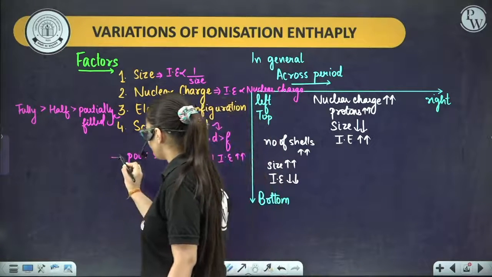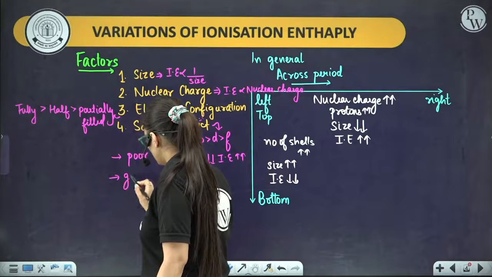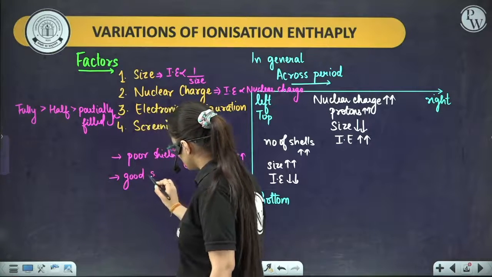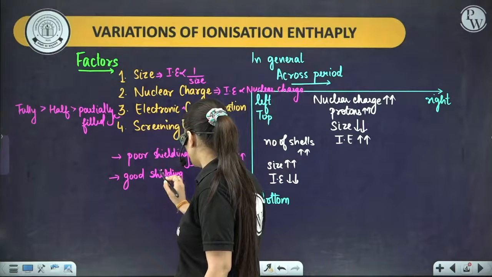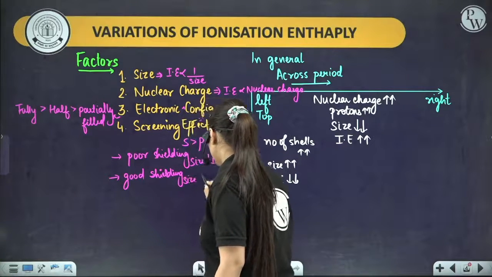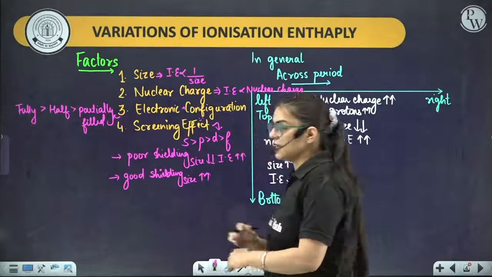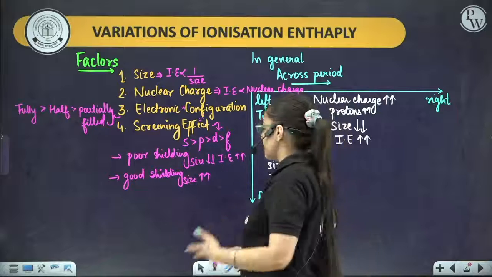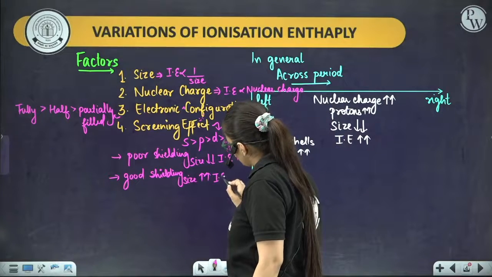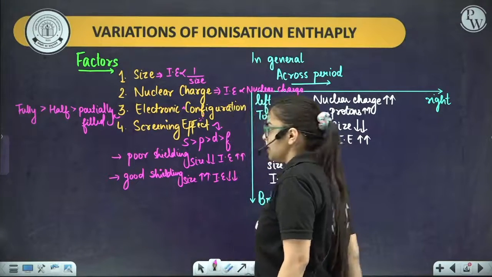Next, if it is good shielding, then size will increase, because repulsion will occur, it will repel the outermost electron, it will go apart, size will increase, and ionization enthalpy will decrease, right?